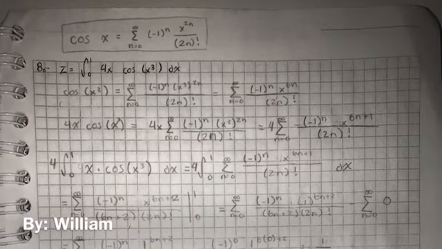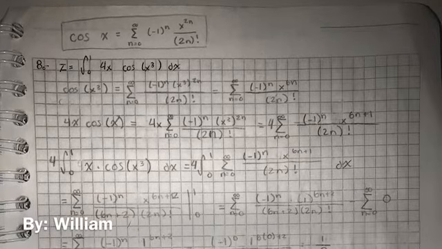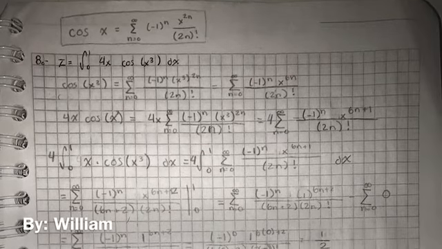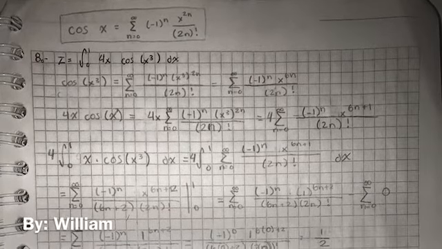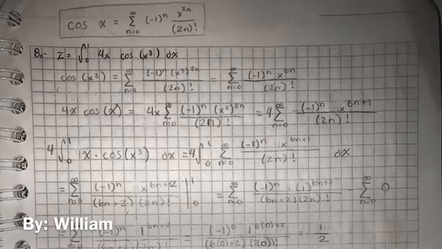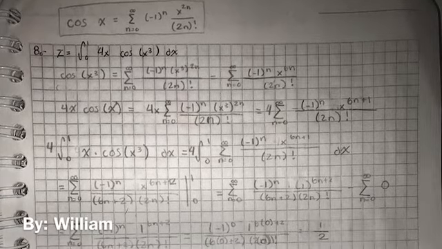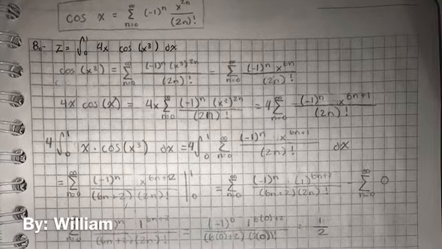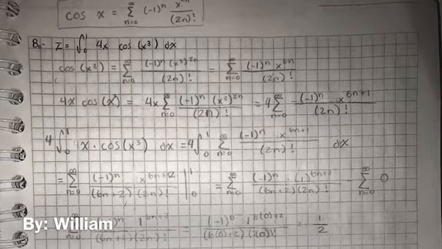It's located at the top of the video, and it's cosine x equals the sum from n equals 0 to infinity of minus 1 to the n times x to the 2n over 2n factorial. Once we have this, we can input cosine of x cubed.